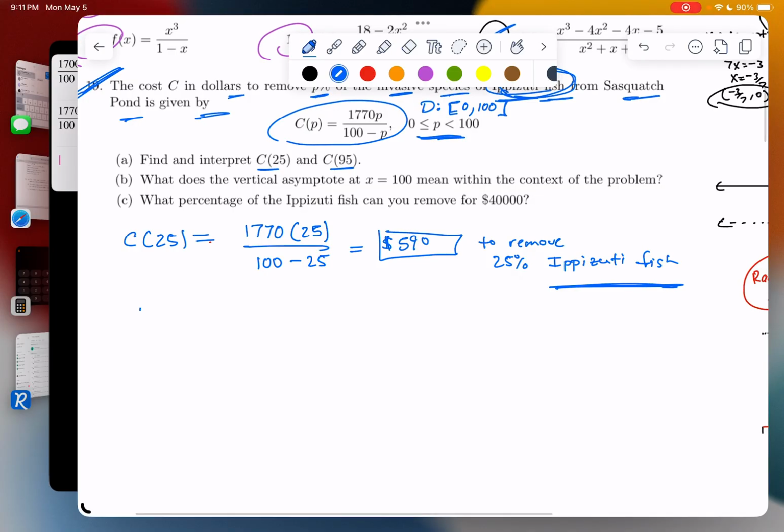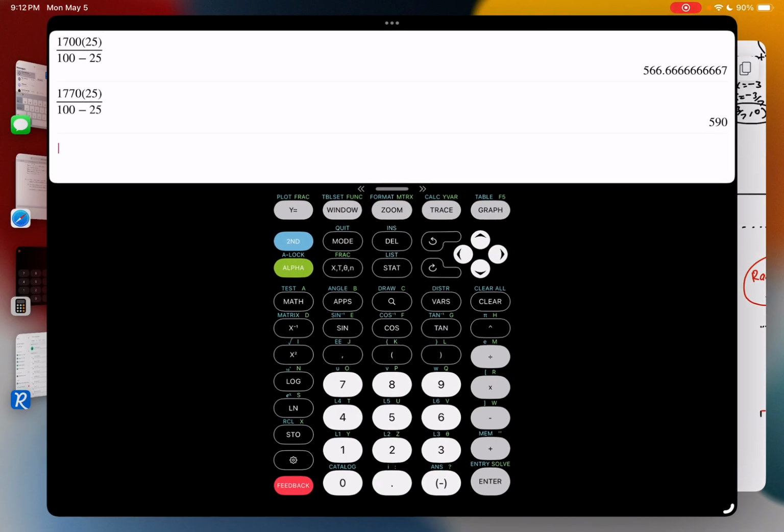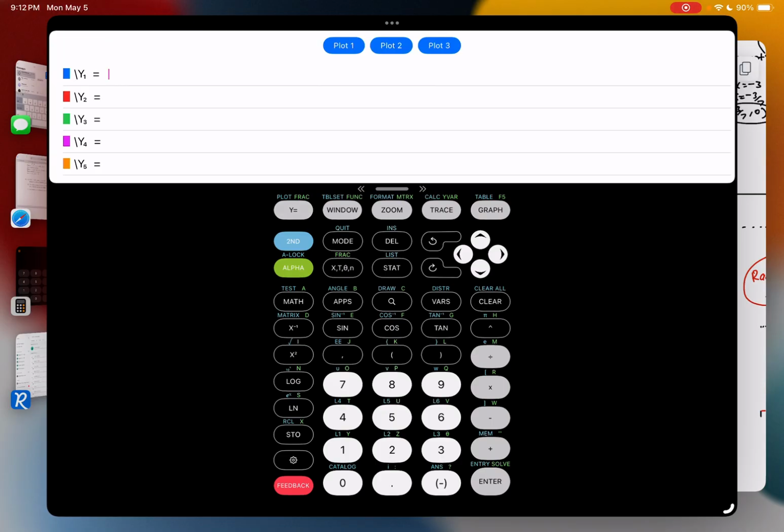Now we go to C of 95. So to get 95% of the fish gone, to remove these bad fish, I guess. I don't know what they do. Maybe they eat up everything. We're going to do the same thing. Now, you could copy and paste and change this again, but you could type the original equation into the y equals: 1770x divided by 100 minus x.